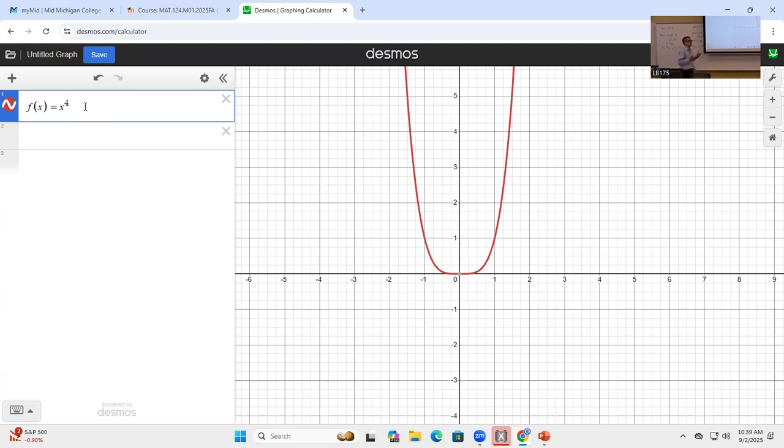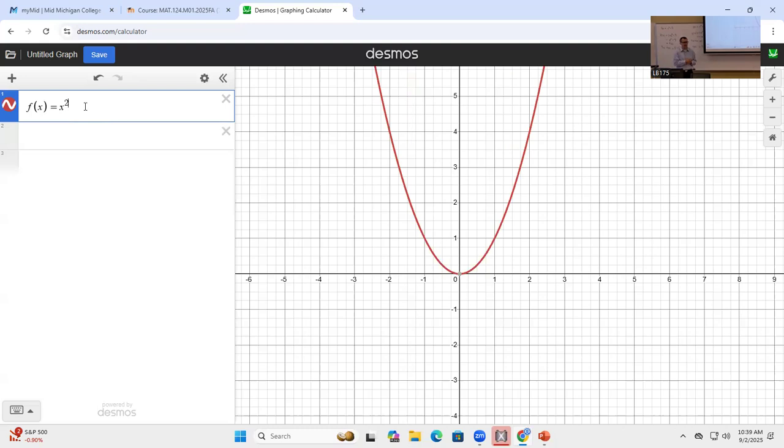The phrase even function and odd function come from the powers of x on the base functions. So even, odd, even functions, that's where you get the name. Now, not every quadratic is going to be even.